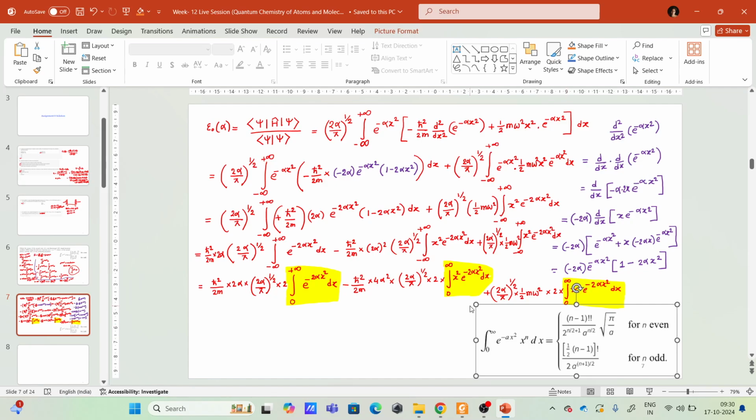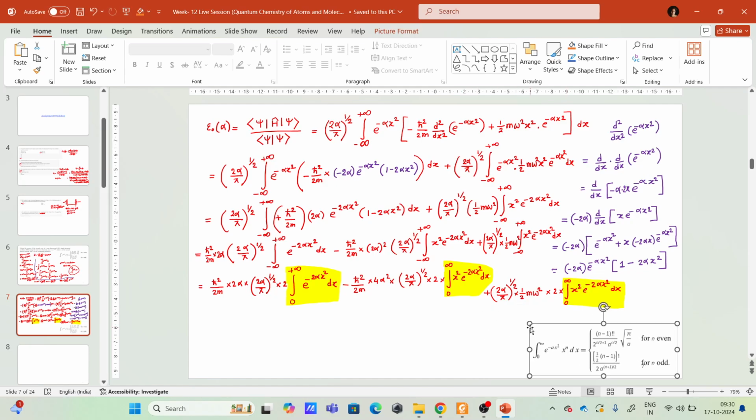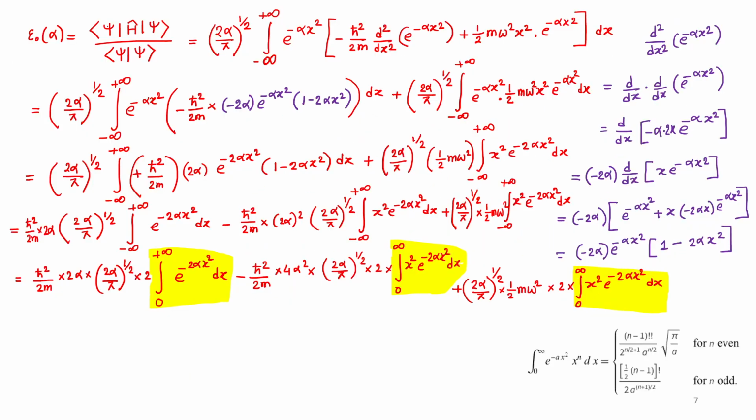According to this, it is going to be 1 over 2 pi by 2 alpha to the power half.